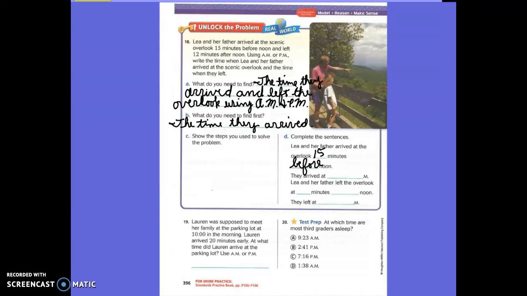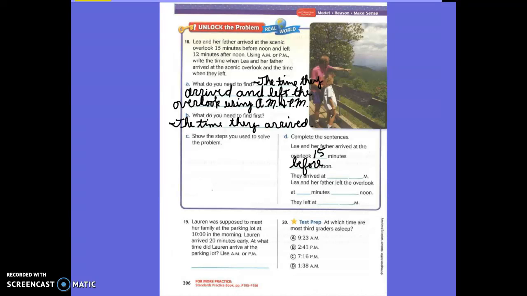If I had a clock showing 12 o'clock, and we wanted to go before, are we going to go to the right or to the left? Towards the 11 or towards the 1 to go before noon?